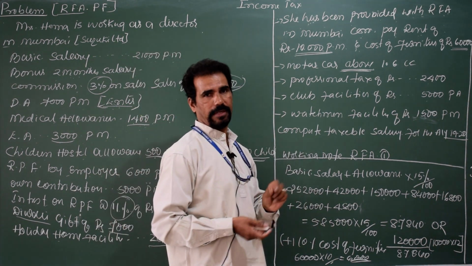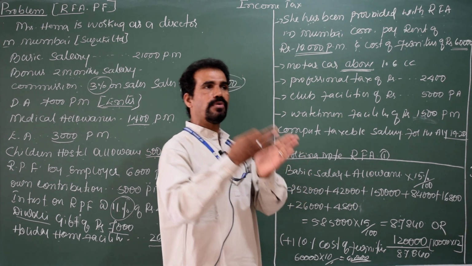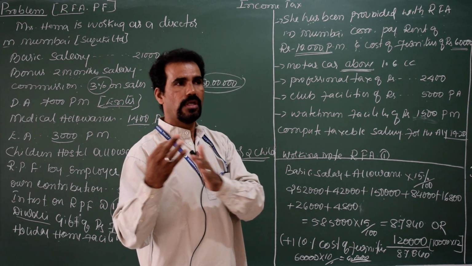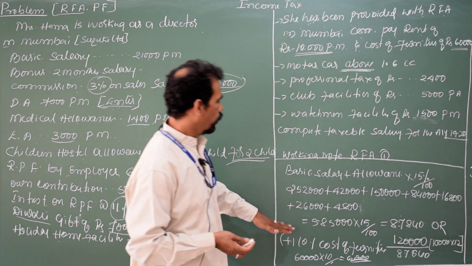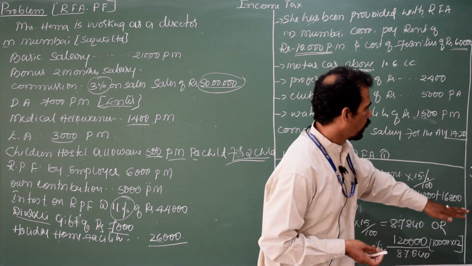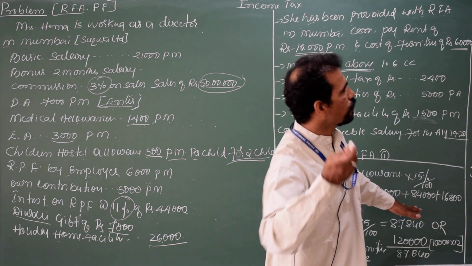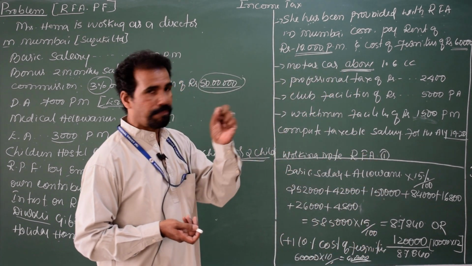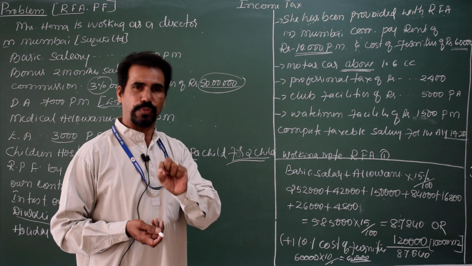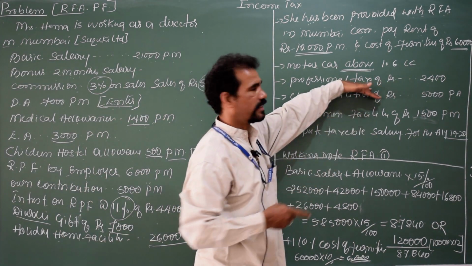Below 1.6 is called a small car, above 1.6 is called a big car. The difference is only in that amount. Normally we take 2400 plus 2200 plus 900 into 12. It is one calculation. We will go through the sums.